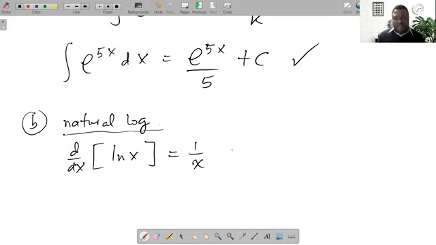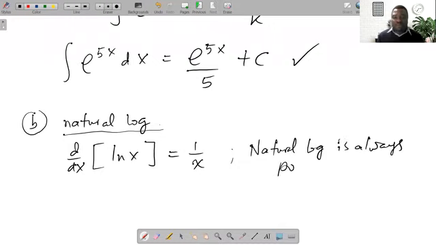But note that the natural log is always positive. And so in this particular case, when you're doing the integral, you have to use an absolute value on the x all the time.